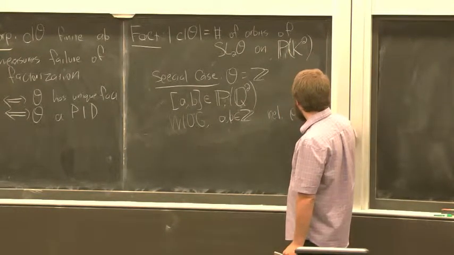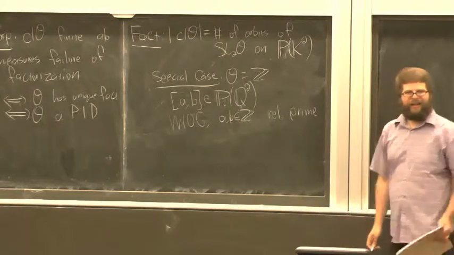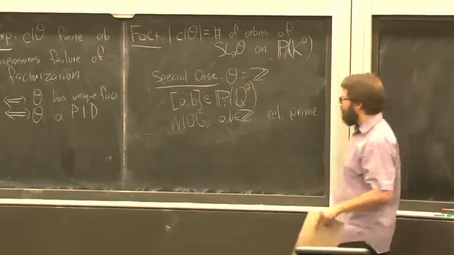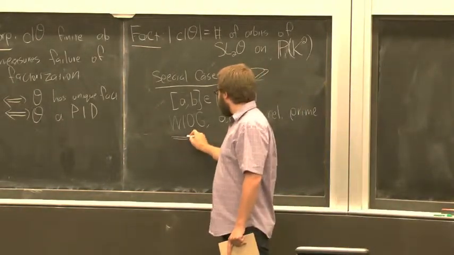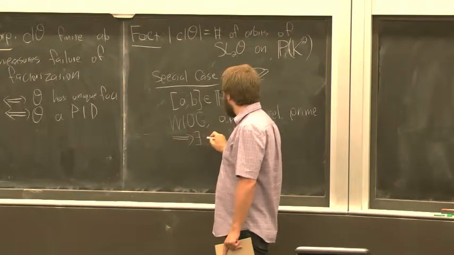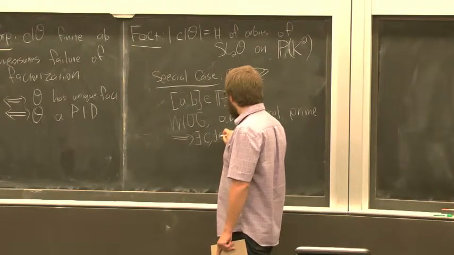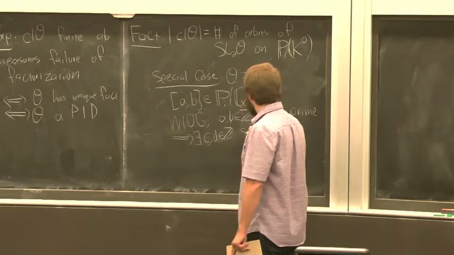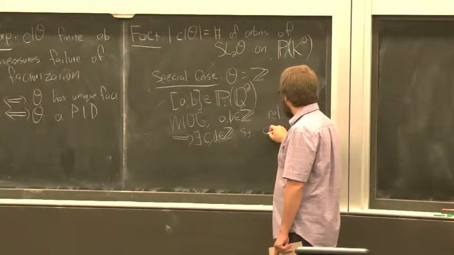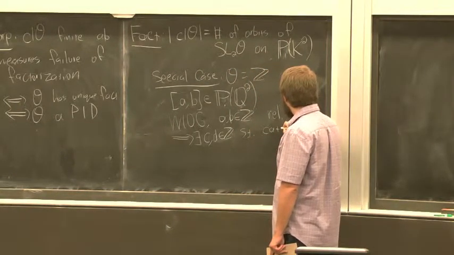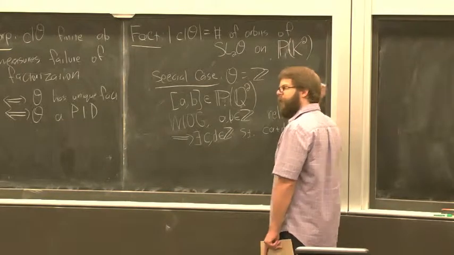That implies that there exist some integers C and D such that CA plus DB is equal to 1.